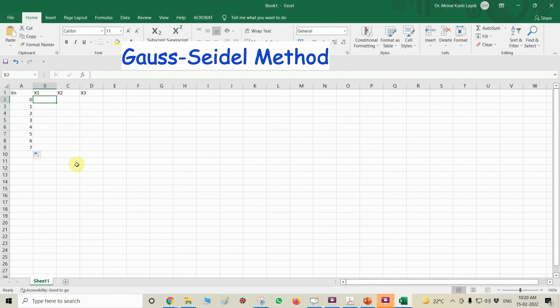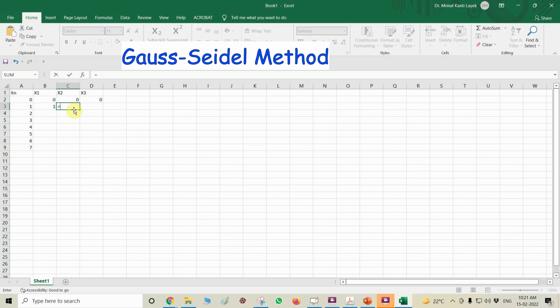So the x1, x2, x3 values are 0, 0, 0. In this case, the x1 value would be 1 minus 0.125 star this value plus 0.125 star this value.